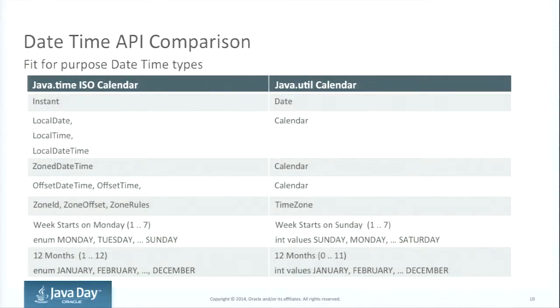Here is a one-to-one comparison. We can see the old util calendar and the new APIs, and how the classes map to each other. We talk about instant instead of date. We talk about local date, local time, local date and time, and we're going to talk about all that. This is a little bit for your reference, how things were before and how they look now.